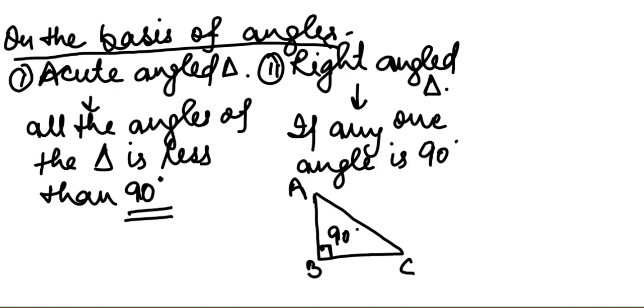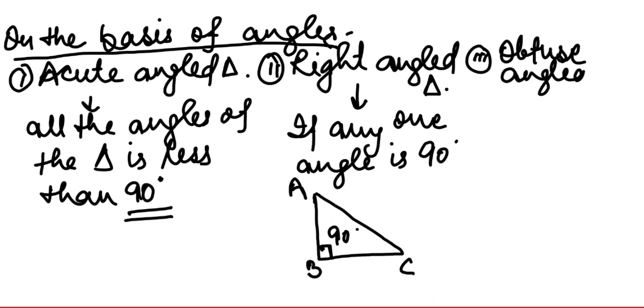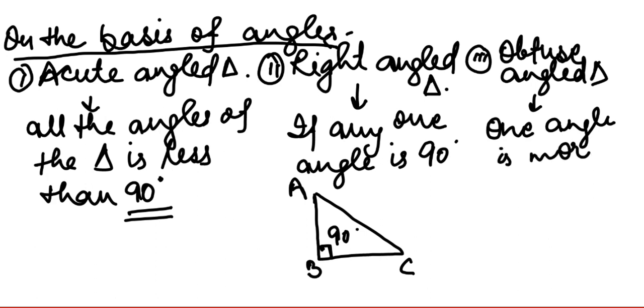Now the third type is obtuse angled triangle. Here, in obtuse angled triangle, one angle measures more than 90 degrees.